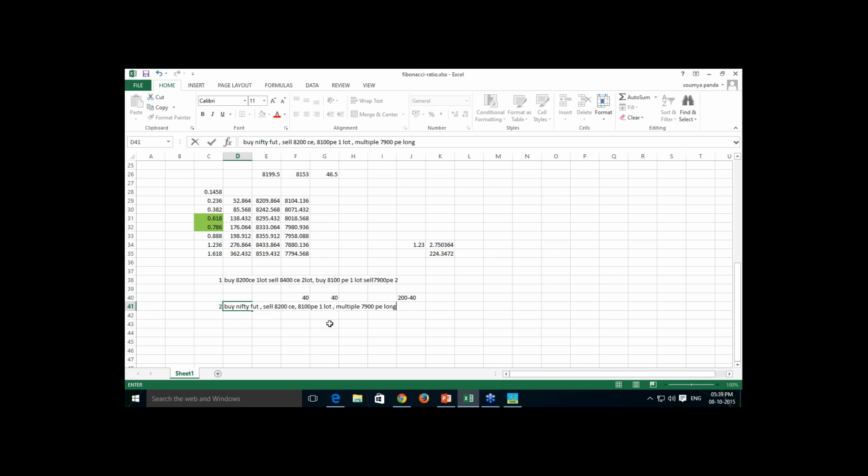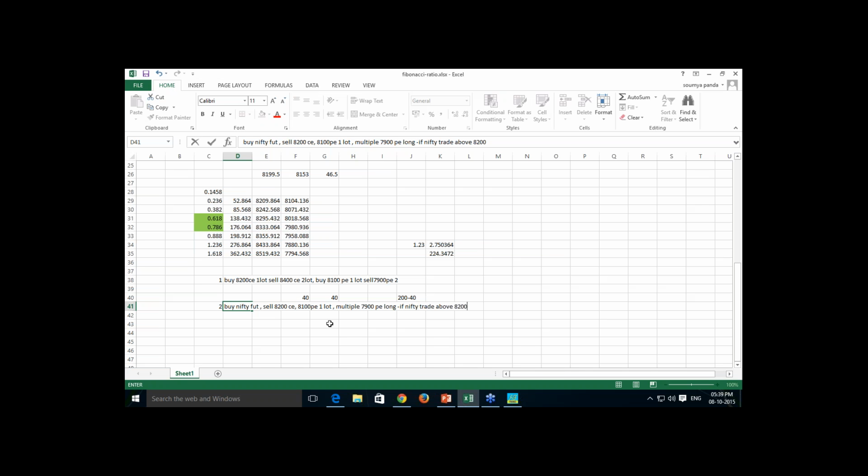This is a conversion, a different way you are implementing the conversion strategy with put long. So if Nifty trades above 8200, this also you can take limited risk.